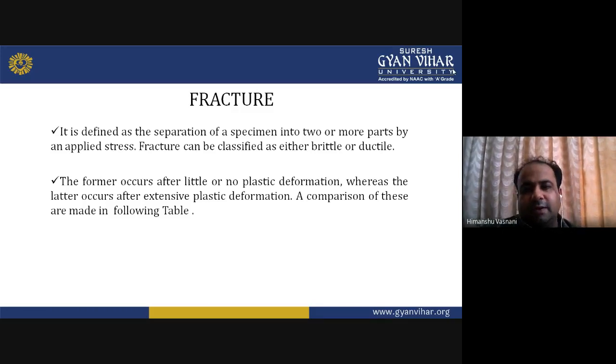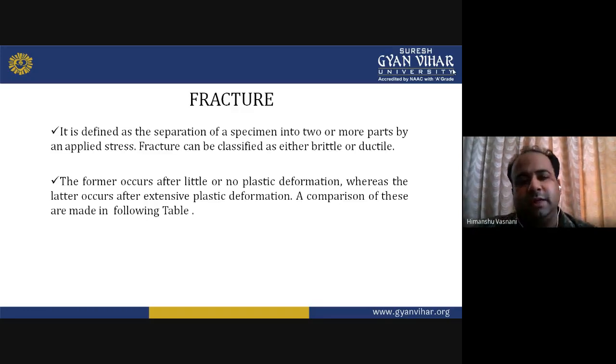In our labs we normally undertake many tests, and in some tests a material breaks down. Depending upon the type of material and its crystal structure, either it takes time to break, like it elongates and then it breaks down, or it suddenly breaks down.